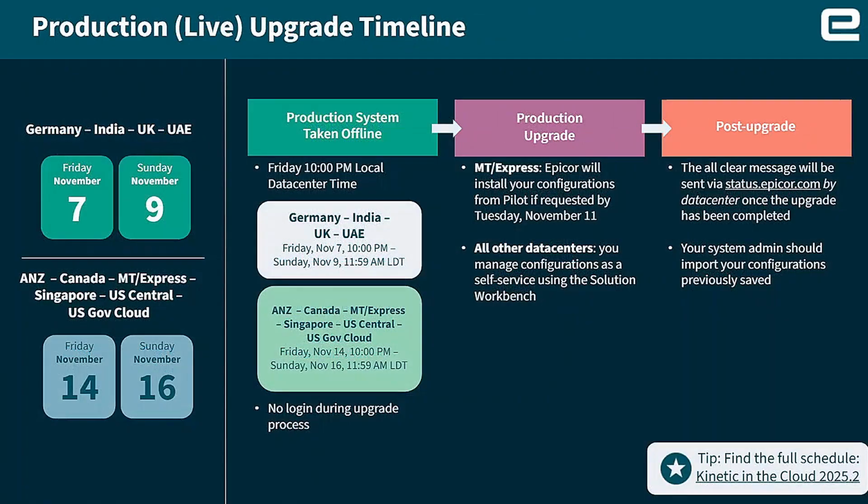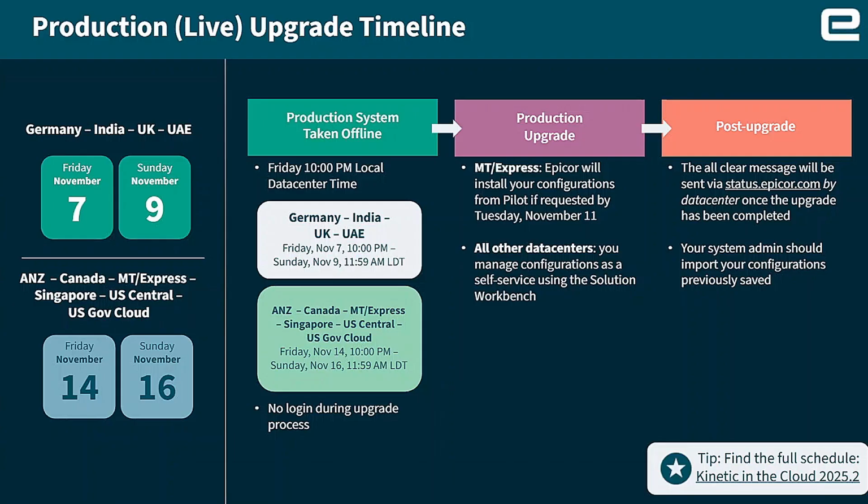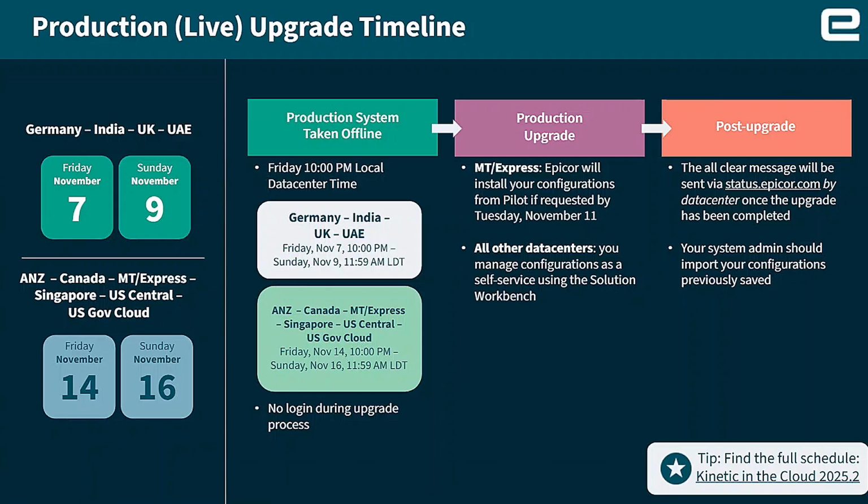Production dates. The first set of data center regions will be November 7th through November 9th. The second set will be the following week, November 14th through the 16th. A little bit different here, these start Friday at 10 p.m. local data center time, and they will be released by Sunday morning, 11:59 in each of the weekends.